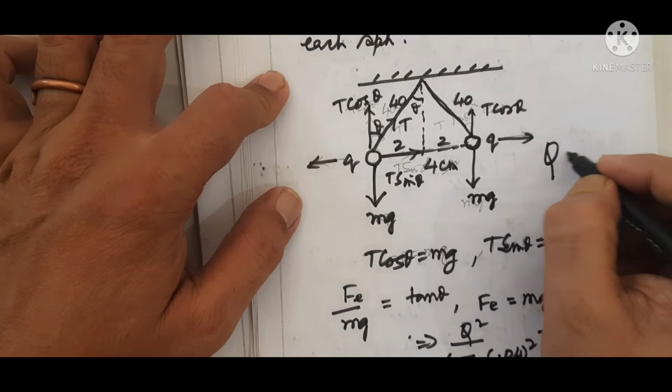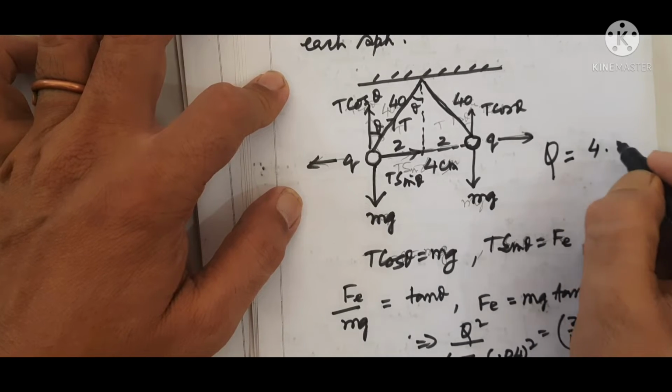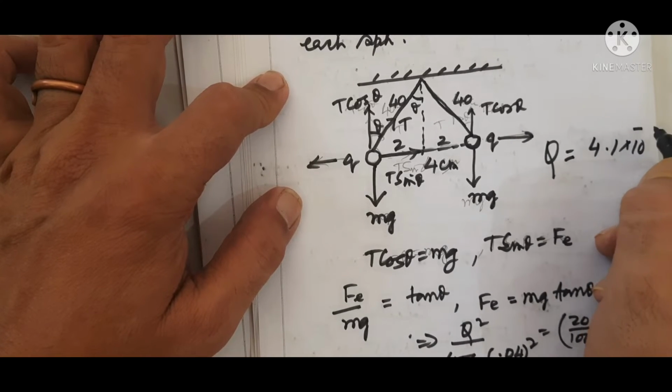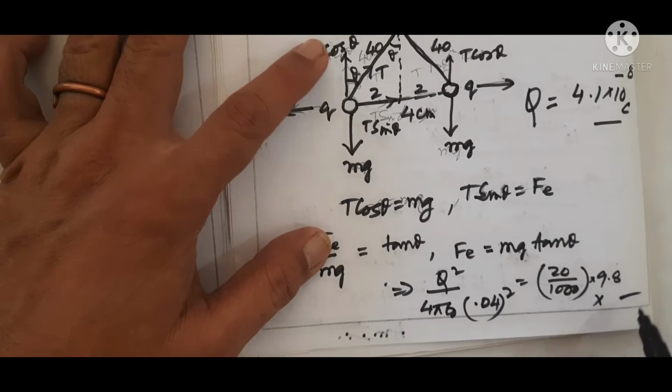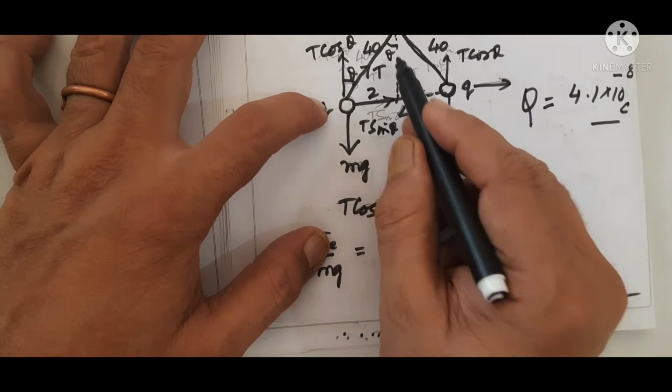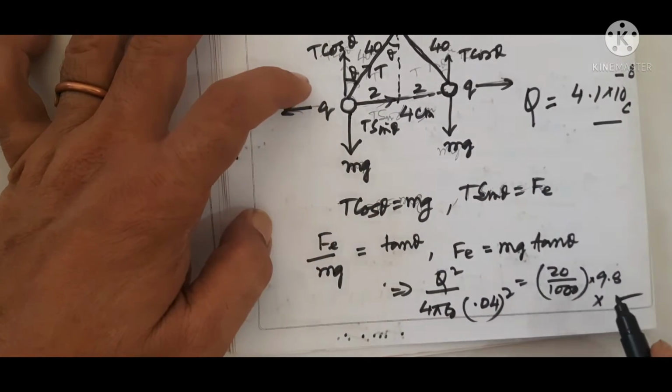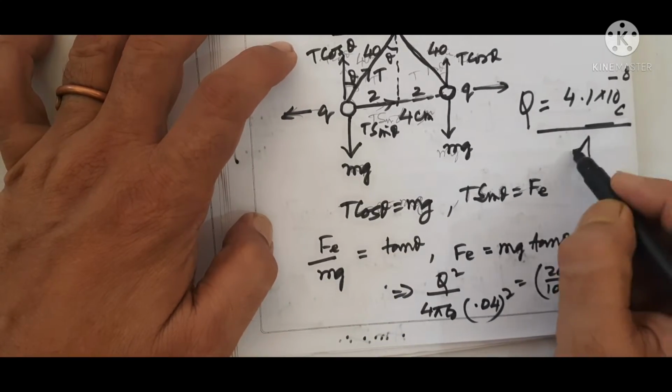You will get that Q is equal to 4.1 into 10 to the power minus 8 coulomb. You can easily find out the Q. The tan theta is equal to P by B. You can find out the value. That will be your answer.